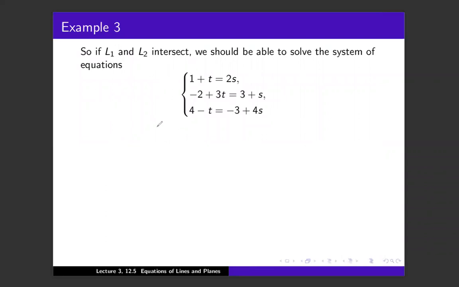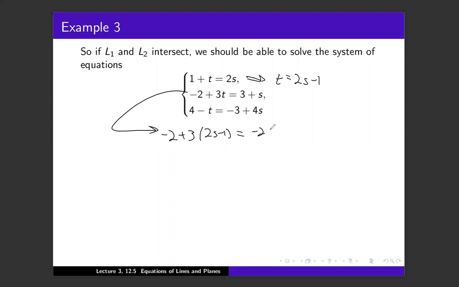So here's the system. The first of these equations tells us that t is equal to 2s minus 1. So we can substitute that into the second equation. The second equation in that case gives us -2 plus 3 times (2s minus 1). Okay, we're just unpacking that.